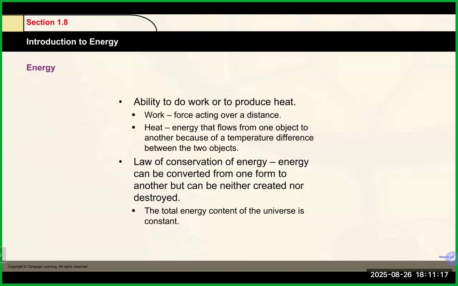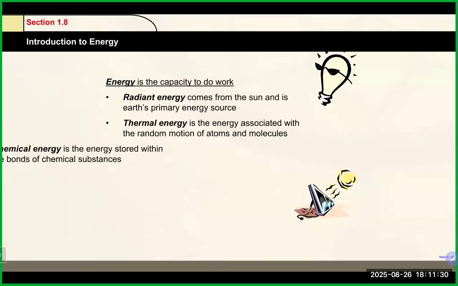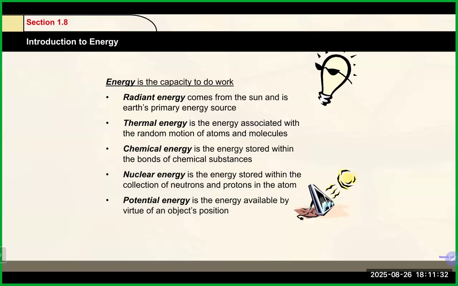So the ability to do work or produce heat, again, the law of conservation of energy, as we might have talked about earlier, we don't lose nor create energy. It can be transferred from one place to the next. When we talk about heat and energy, again, heat flows from hot to cold. There's different types of energy associated. Thermal energy is related to how many molecules and atoms you have.